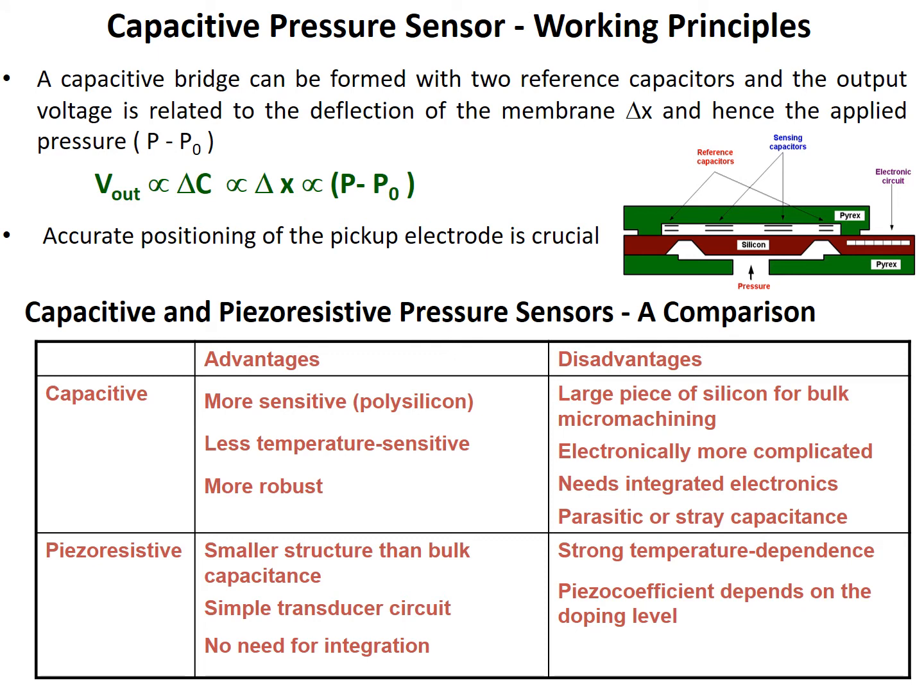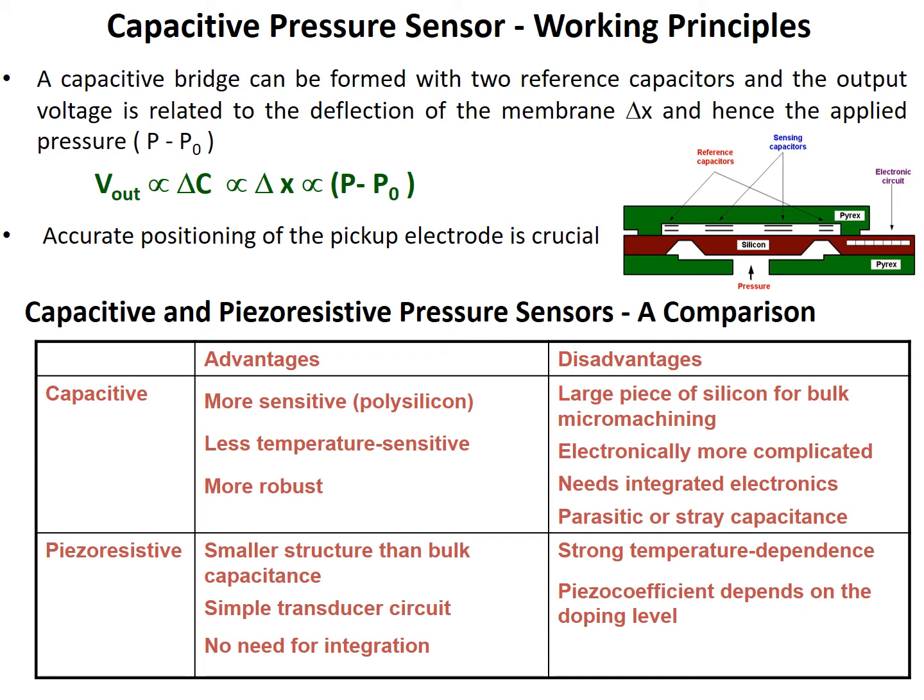So far we have talked about the piezo-resistive type pressure sensor. Now next we will discuss the capacitive type pressure sensor. Fine? So in that regard, let us first talk about the typical working principle.